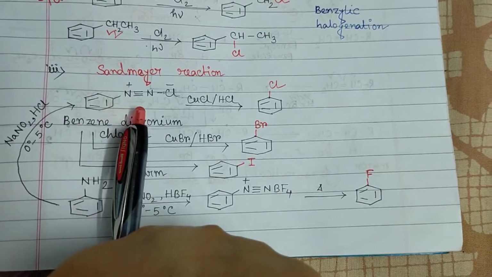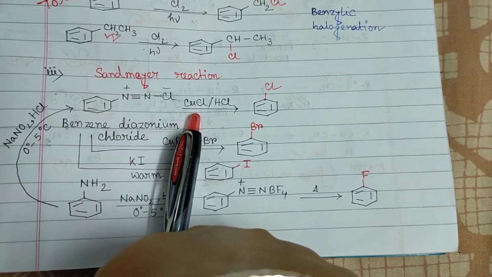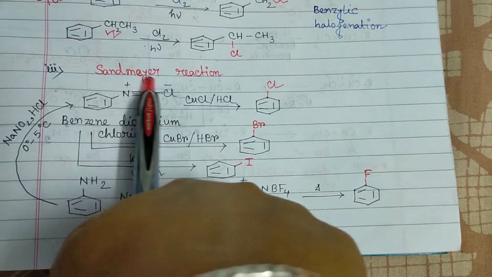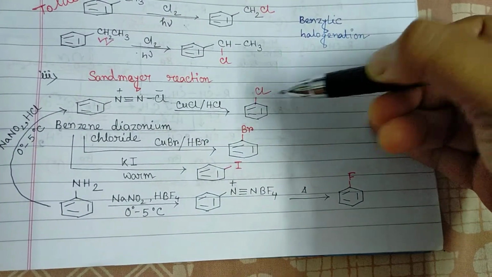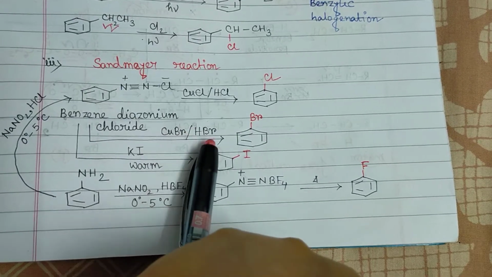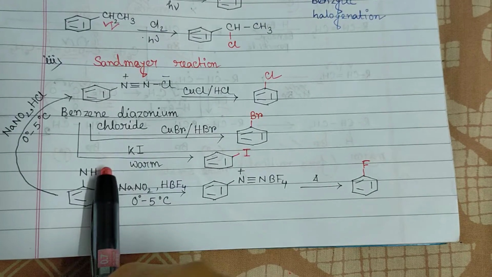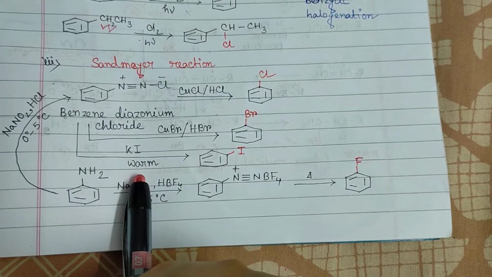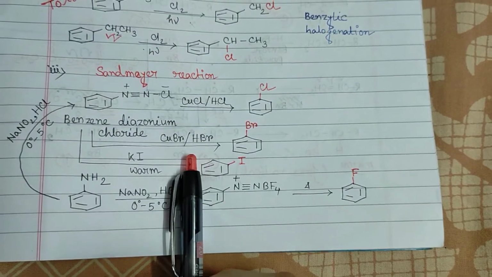So benzene diazonium chloride is this compound where if we add CuCl in presence of HCl, then directly nitrogen will be removed from the benzene ring and there will be addition of chlorine. Next, if we add CuBr in presence of HBr, then we can have bromobenzene, and if we add potassium iodide and little warming, then diazonium chloride will be converted into iodobenzene.